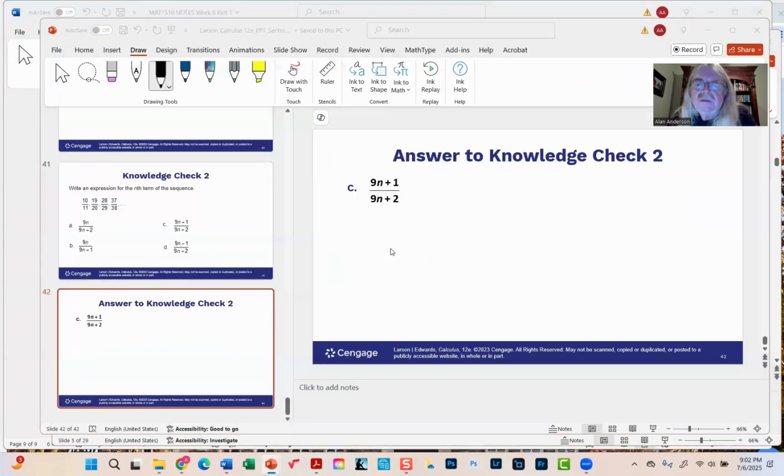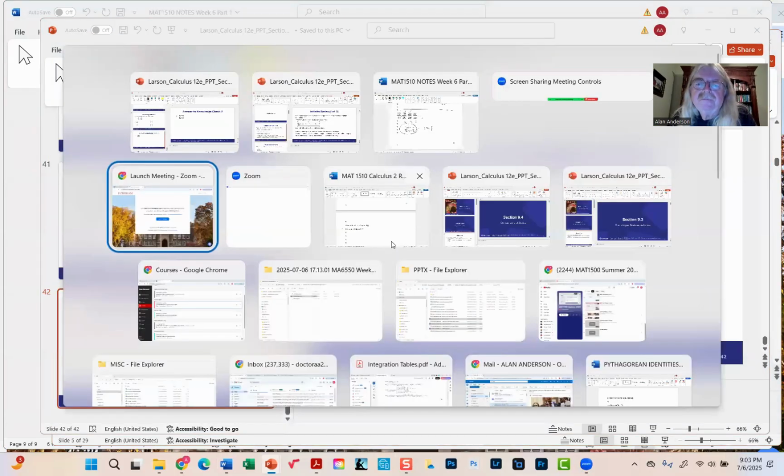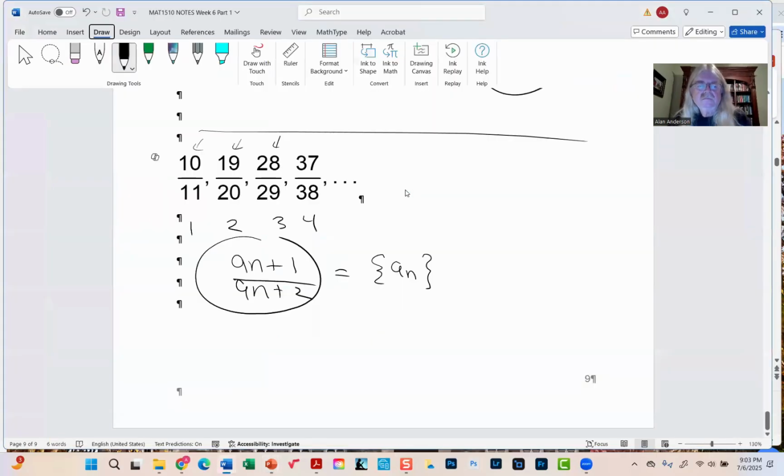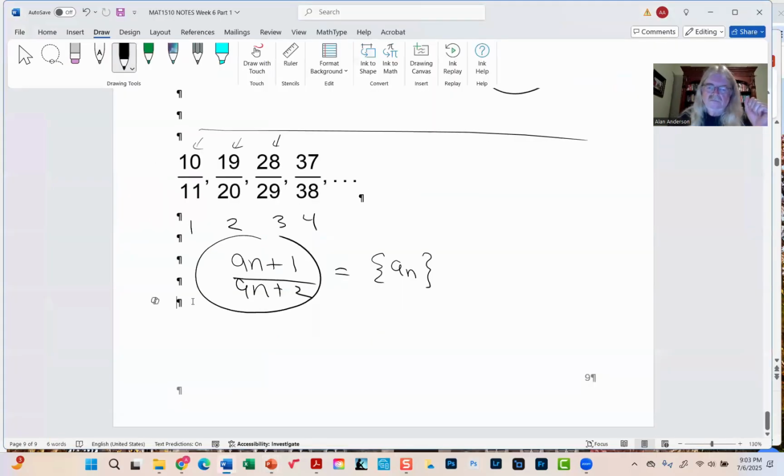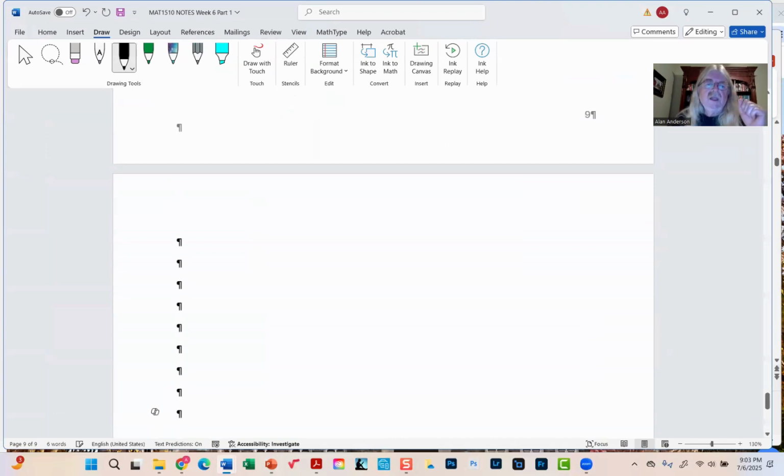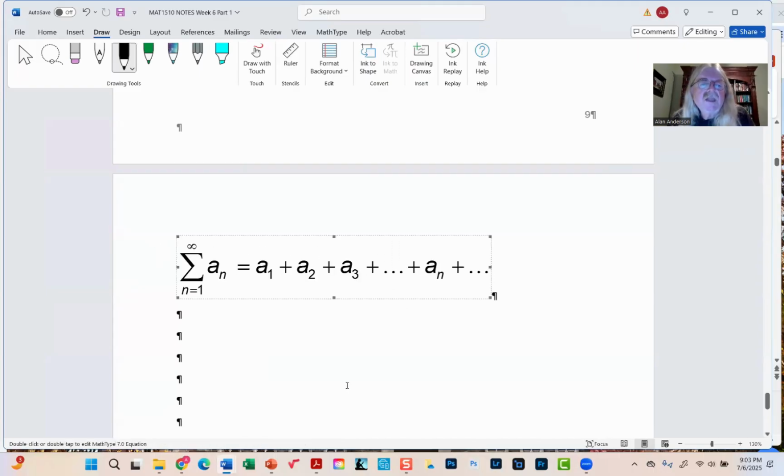n runs from 1 to infinity. Because the sequences themselves run, the index runs from 1 to infinity. So I just want to make sure you can see that. So it's an infinite sum is what we're looking at here.